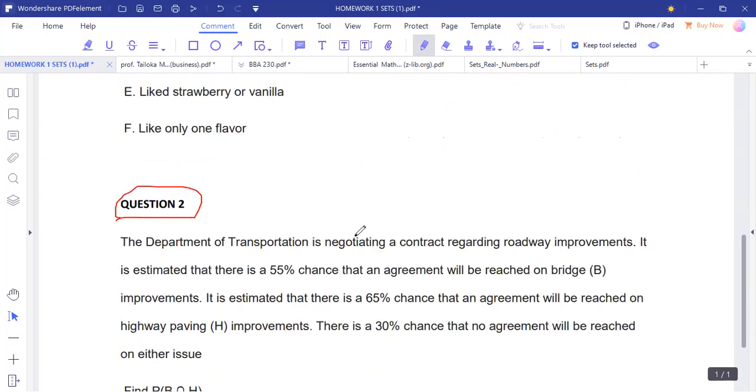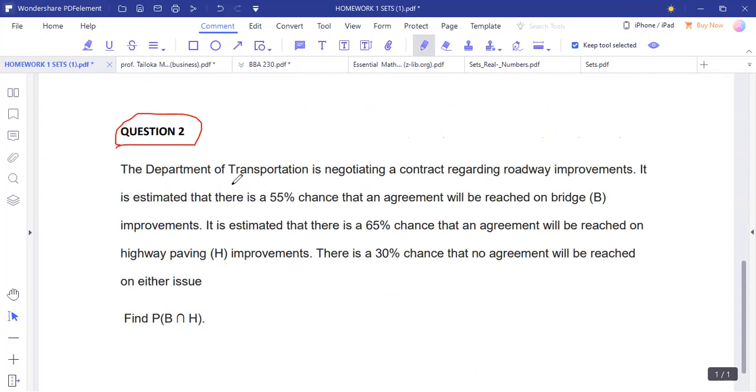Question 2 says the Department of Transportation is negotiating a contract regarding the roadway improvements.